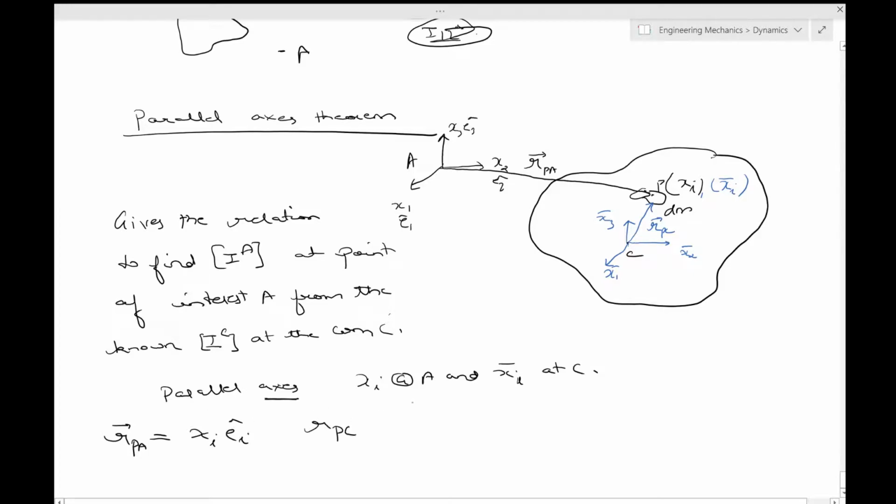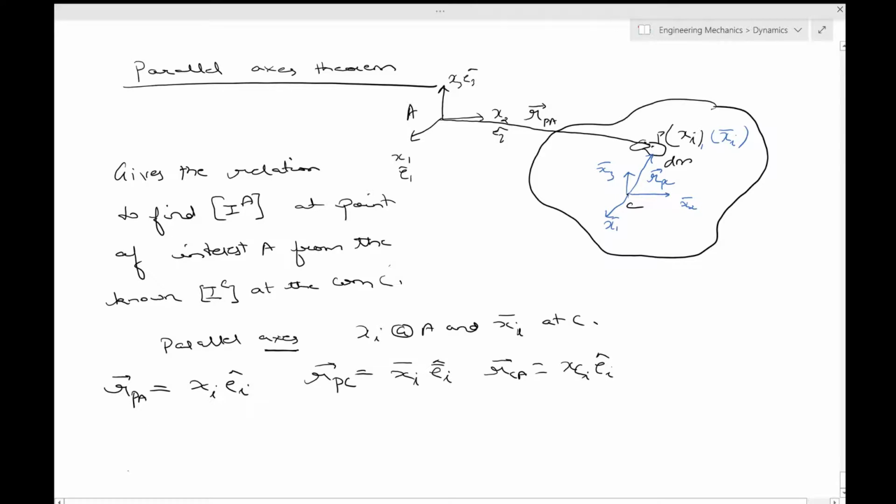RPC can be written as xi bar ei bar, okay, and RCA can be written as xci ei hat.